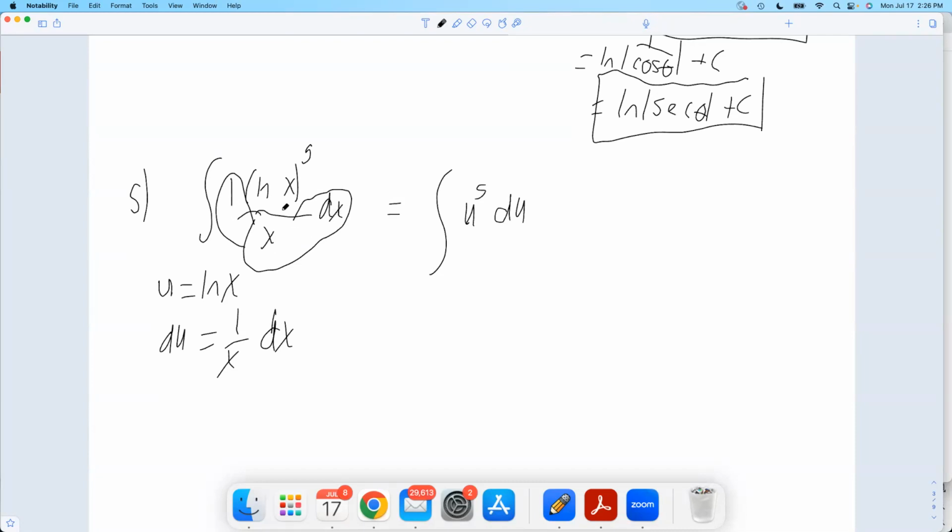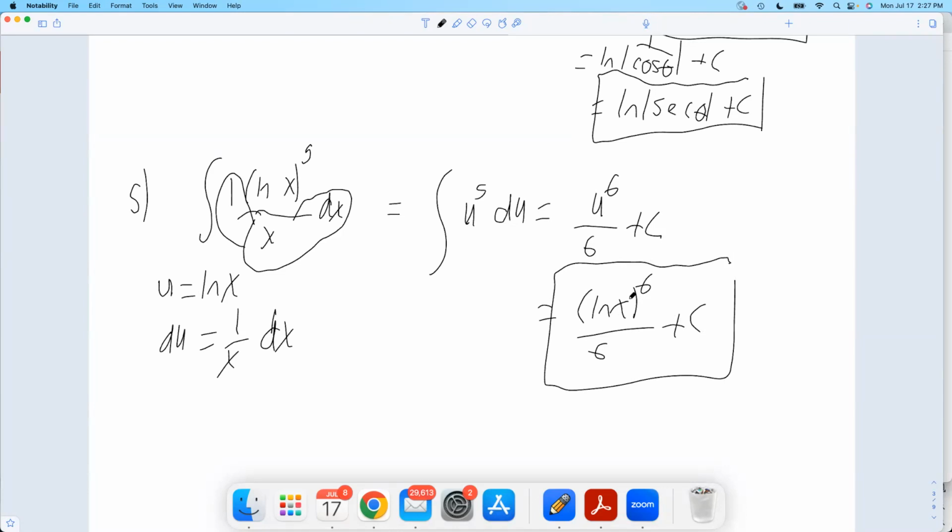The 1 over x dx is now replaced, substituted with du, and that guy right there was u. I know the antiderivative of u to the 5th is u to the 6th over 6 plus c. But what was u? Natural log of x. So I will get natural log of x to the 6th power over 6 plus c.